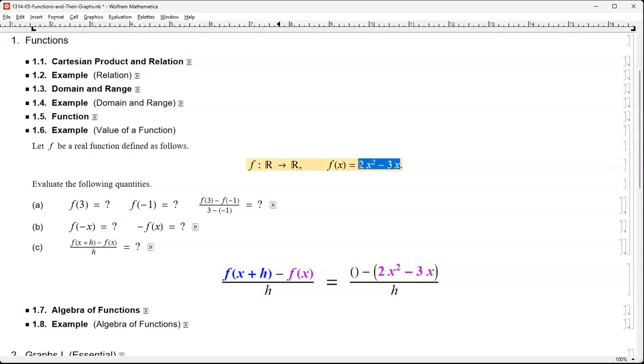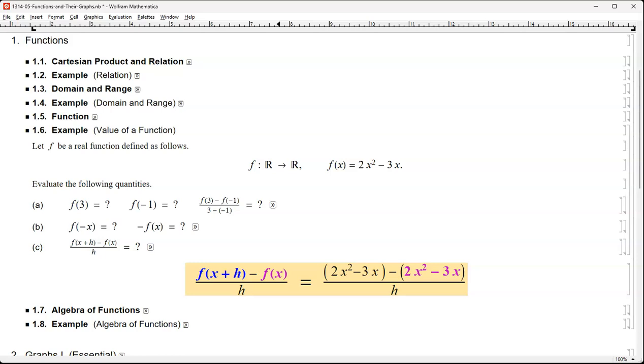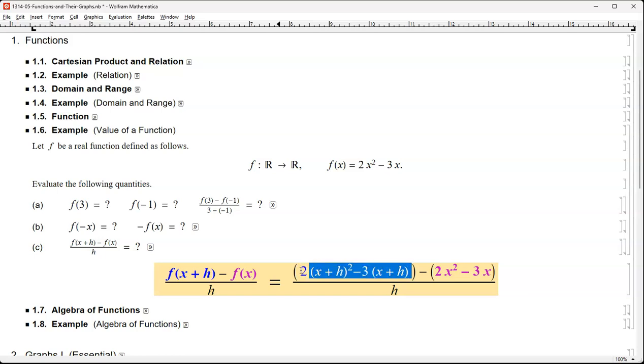So we have to have this 2x squared minus x, but in place of x, I have to put x plus h in there, and I have to put x plus h in there. Let's see, we have the correct quantity.